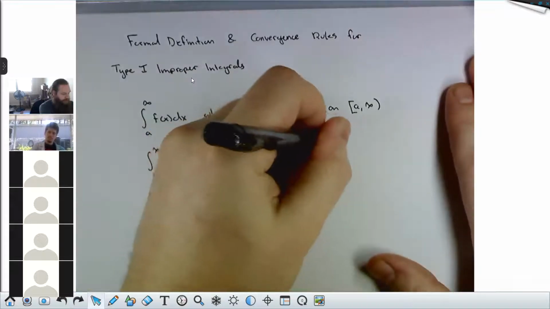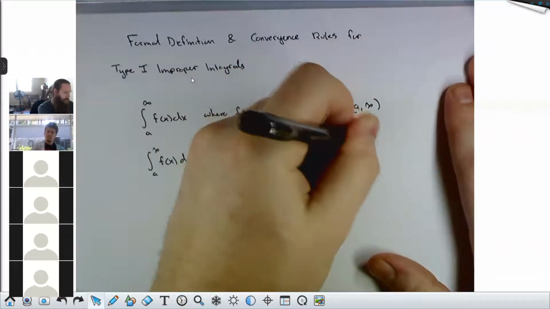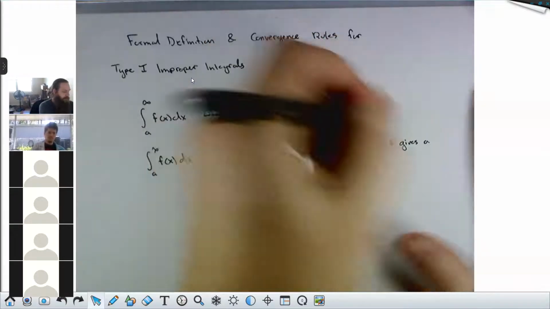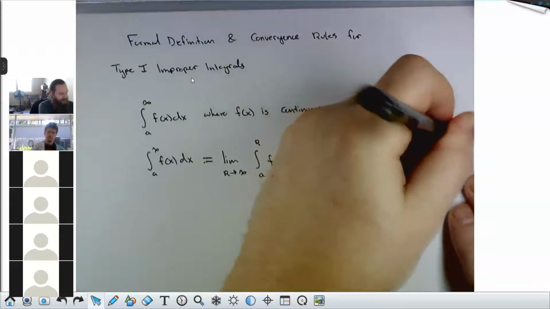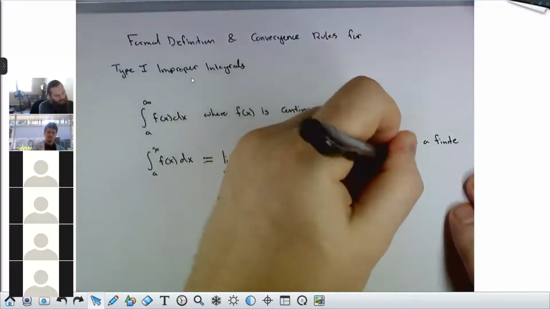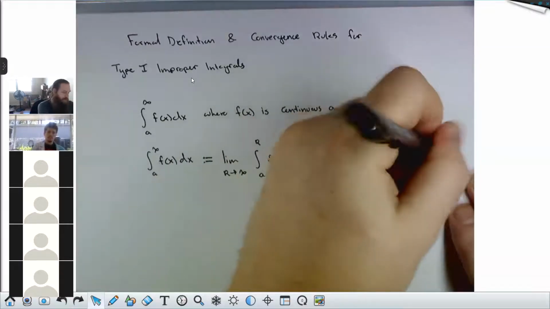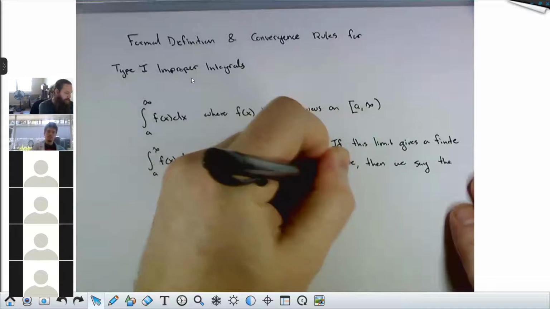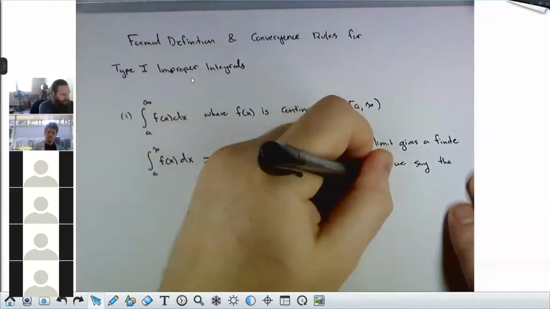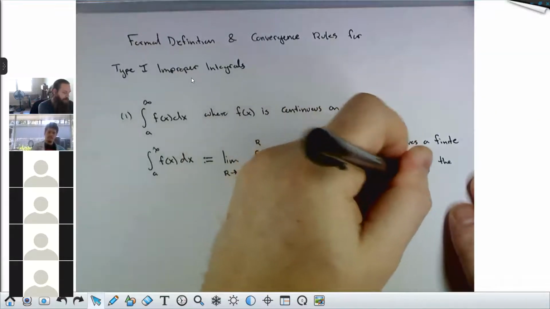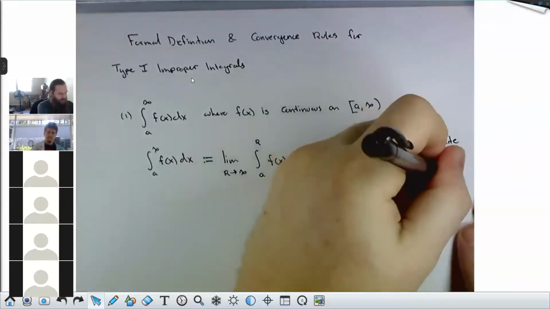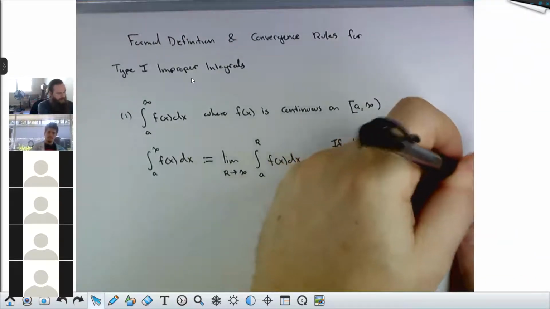And if this limit gives a finite value, then we say the integral, which I'll call integral 1 up here, converges. And we would say it converges to that value.